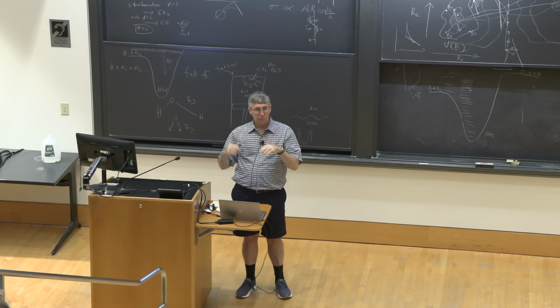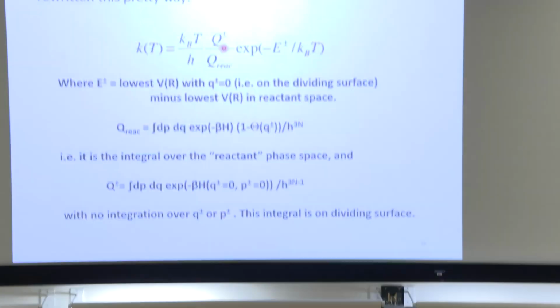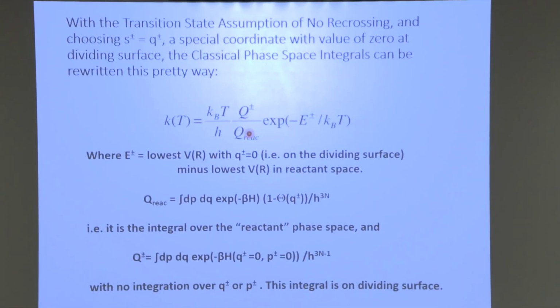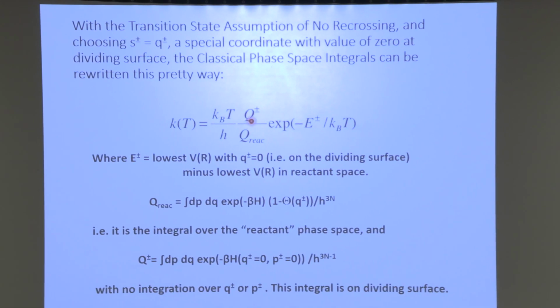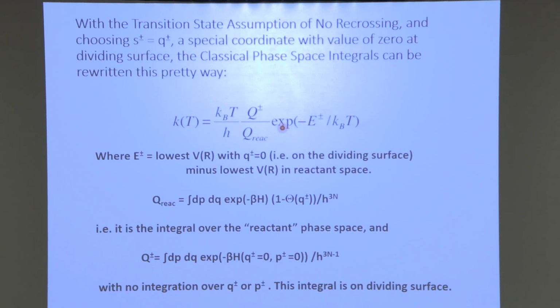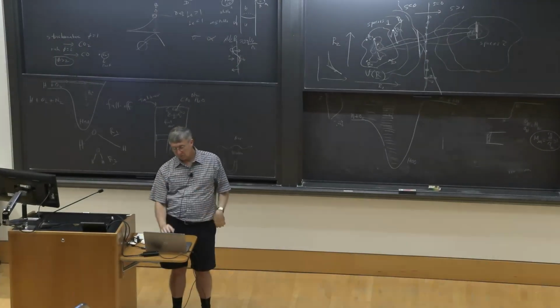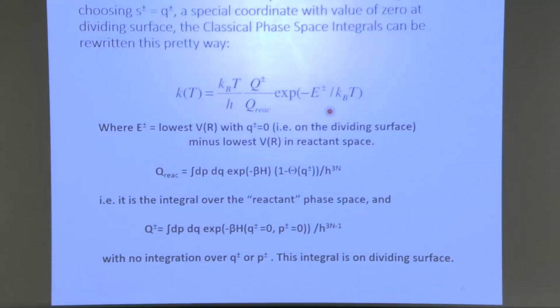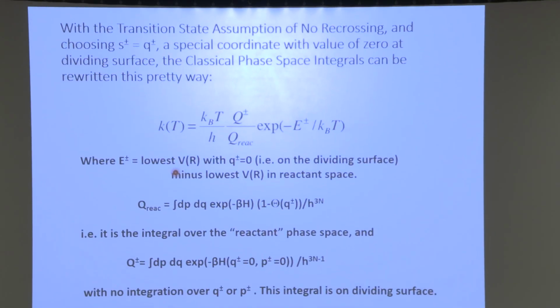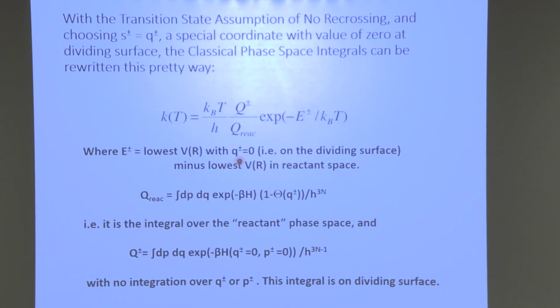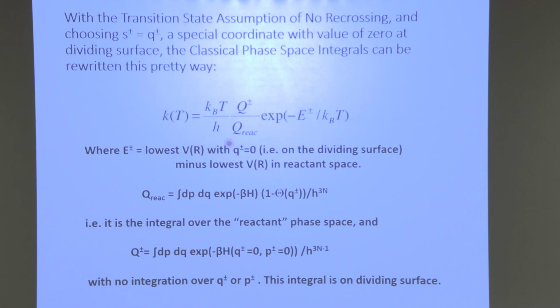You just use the 0 of methyl. Because of that, if you use a different reference for each reactant and each transition state, you have to have a Boltzmann factor that relates the zeros of energy to each other, and that's what this thing is here. It's the lowest V of R that's on the dividing surface, and that's also called the transition state energy, the reaction barrier.